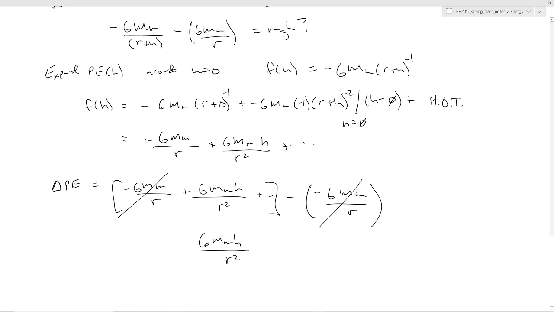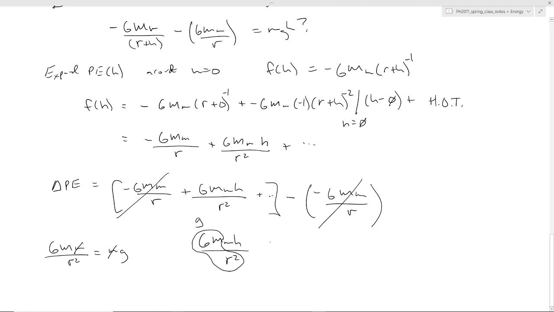Well, recall, what is GM over r squared? That's the same thing as little g. Remember, the force of gravity equals the mass times the acceleration of gravity at the surface of the Earth. So in other words, big G big M over r squared is the same thing as little g.